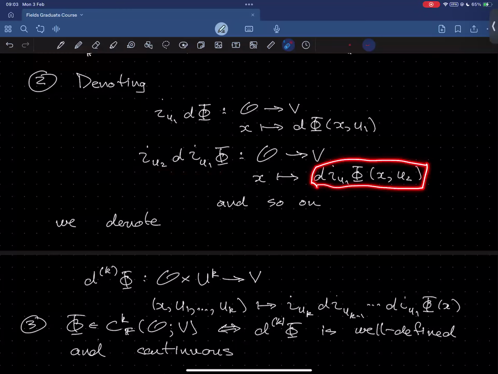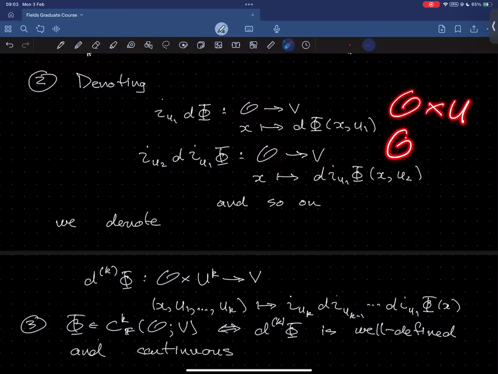So it's a bit messy, but conceptually it's not actually that difficult. It's just you have to build up the notation a little bit carefully. But the idea at every step is that you want to be stuck with differentiating functions only of O, not of O cross U or O cross U squared and so on.